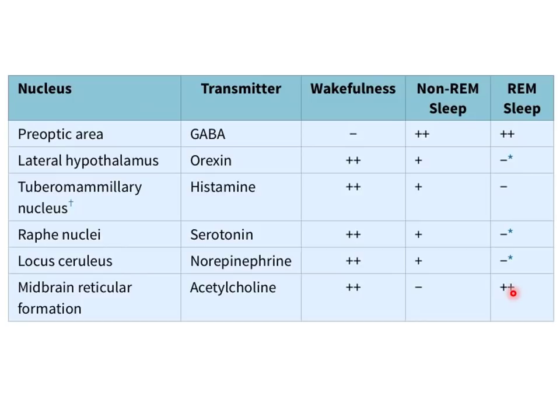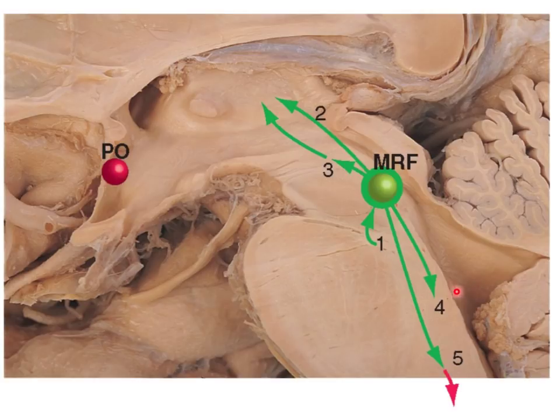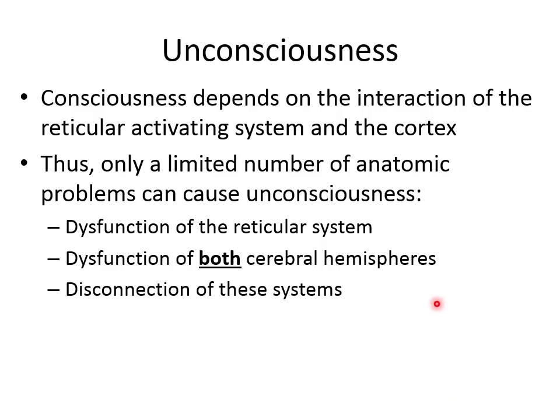REM sleep being a condition that has some similarities to wakefulness in terms of the EEG itself. Now we see here the midbrain reticular formation projects both to the thalamus as well as to other portions of the brainstem.